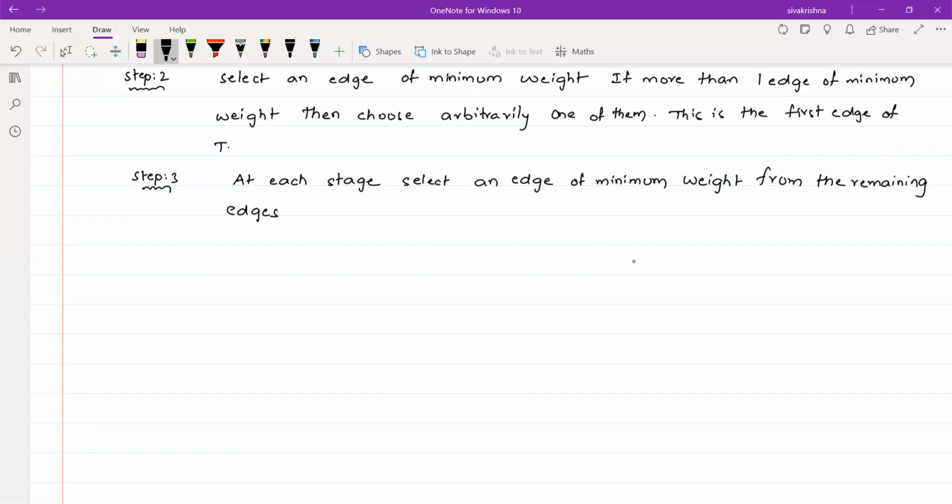So if you selected one edge with minimum weight 1, after selecting that particular edge, then once again we have to select another edge with minimum weight.